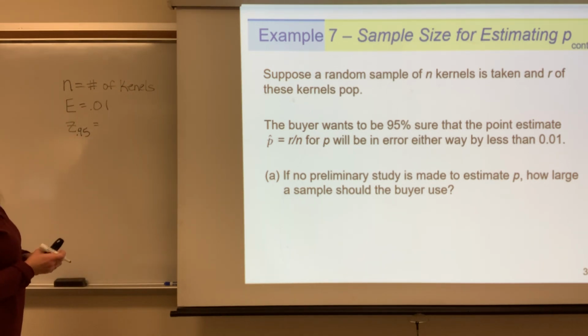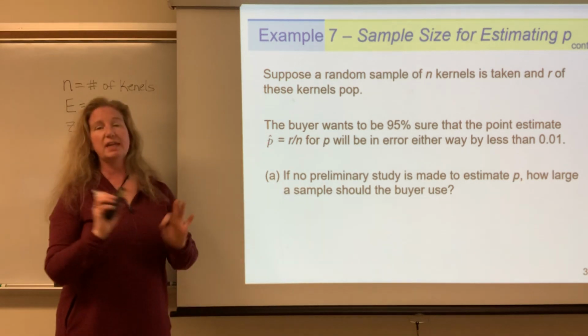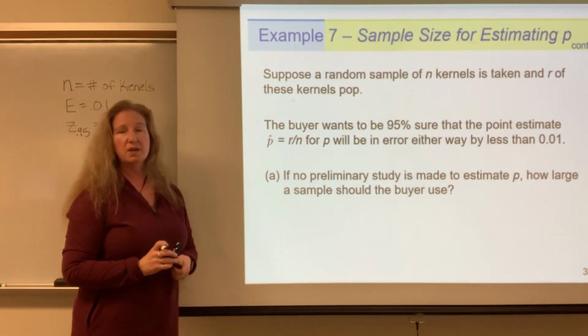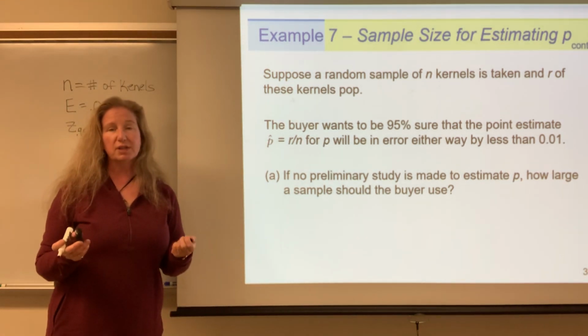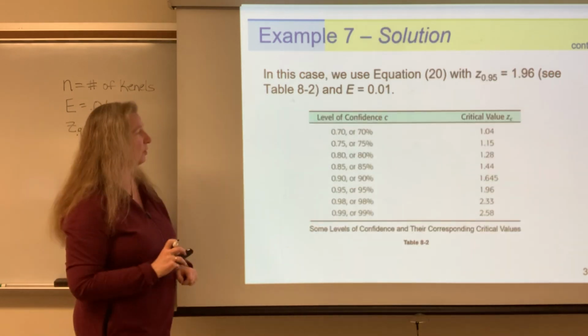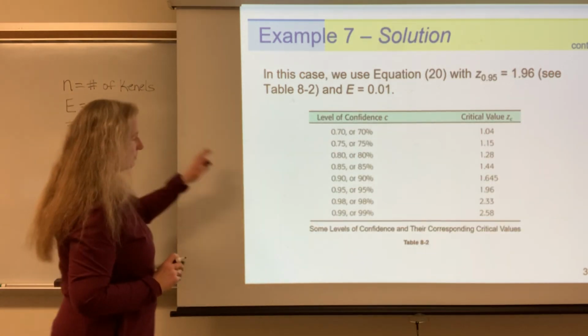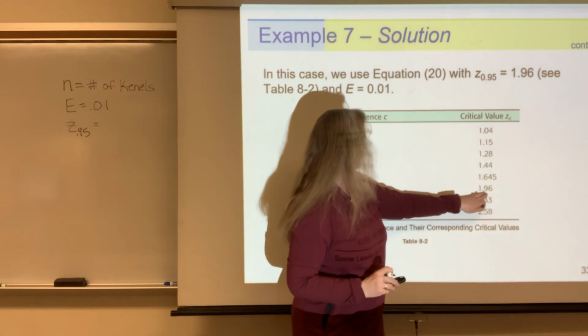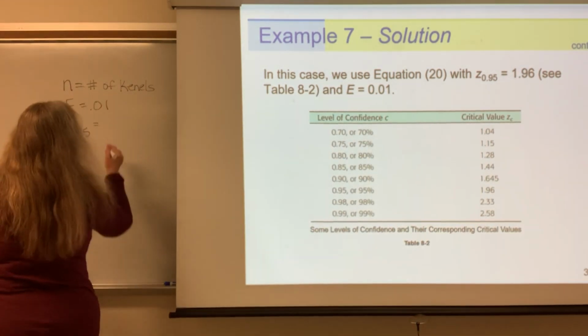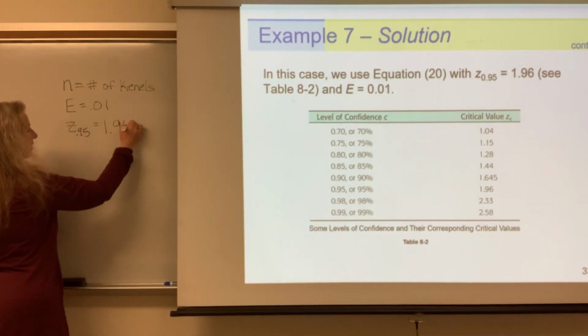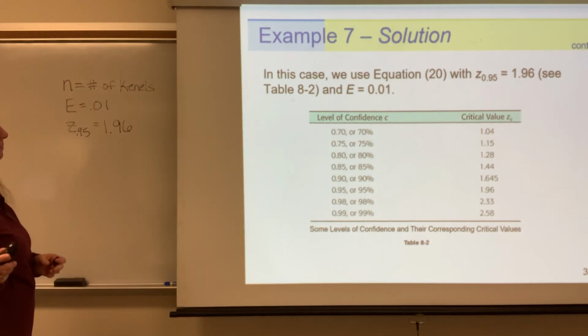There is no preliminary study, I don't have any information. This is a new supplier, he hasn't been a farmer very long, so I have nothing to go on. Here's 0.95, so 1.96 is the z I'm going to use.